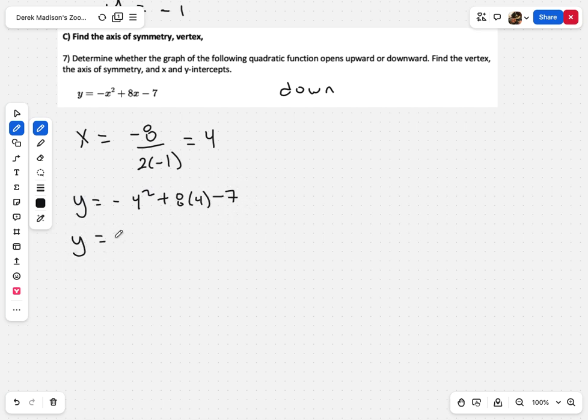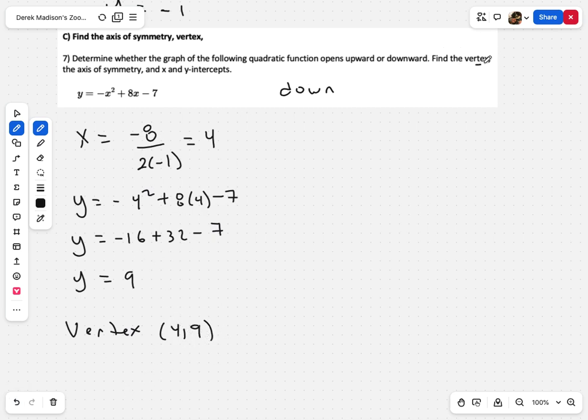So y equals negative 16 plus 32 minus 7, and y equals 9. So our vertex is at 4, 9.